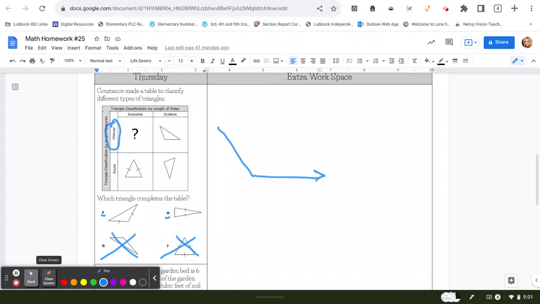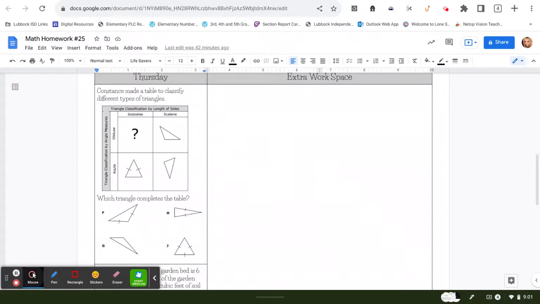Obtuse is greater than 90 degrees. So which of these two, F or H, has an obtuse angle? It's going to be F. Right here, I can see that this sits wider. All of these are acute on H.